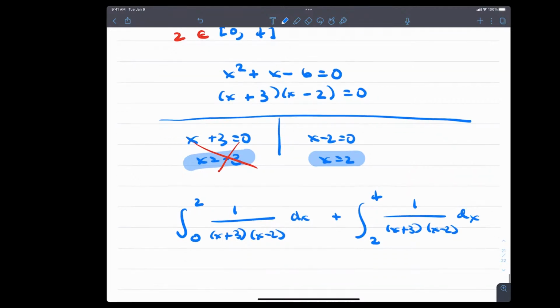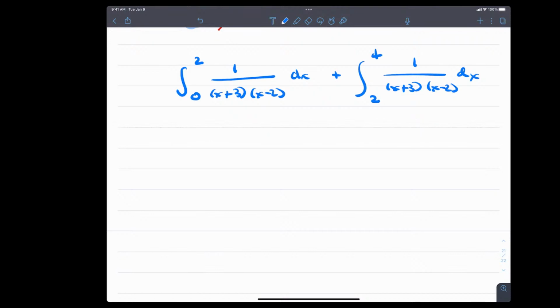Okay, you guys okay with that one? So the problematic discontinuity is at 2. So in other words, now we have a situation where this is 0 to 2, 2 to 4. This is a right endpoint discontinuity.